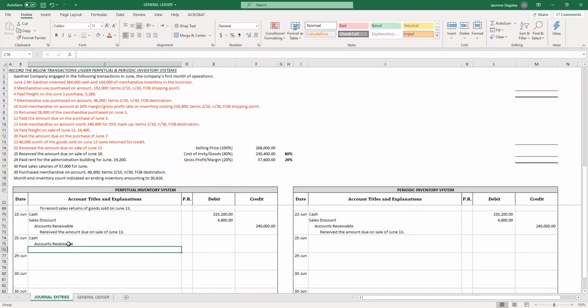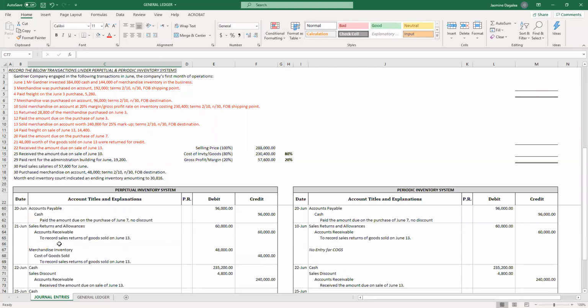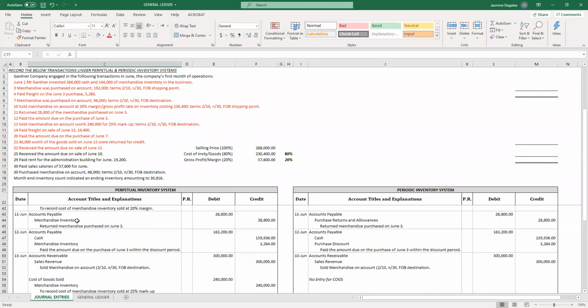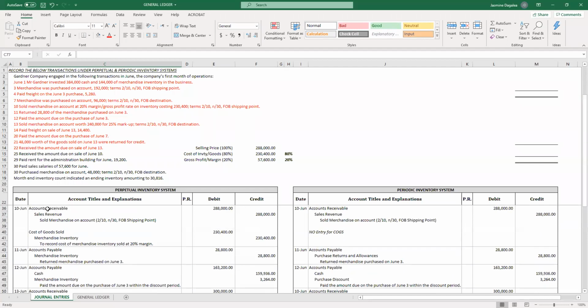How much? Magkano yung entry nyo by June 10? 230 per 100, ma'am. Hindi, yung receivable nyo is 288, di ba? So, ito yung i-reverse nyo.